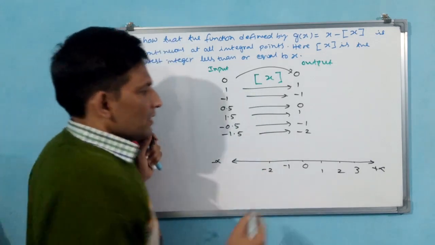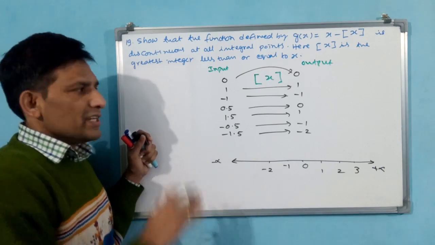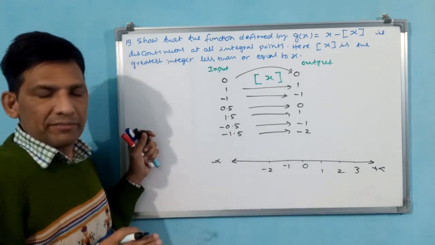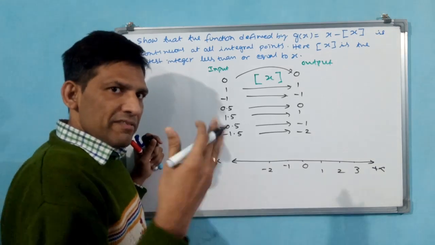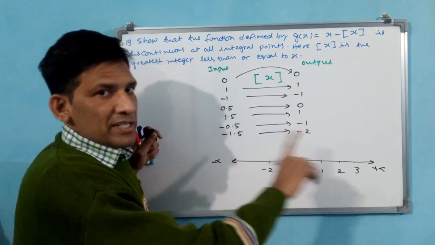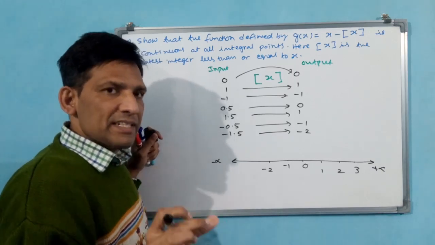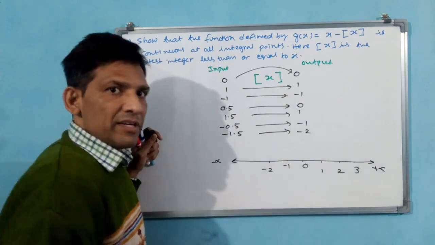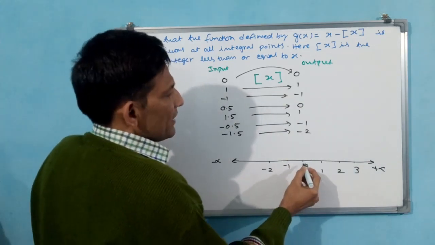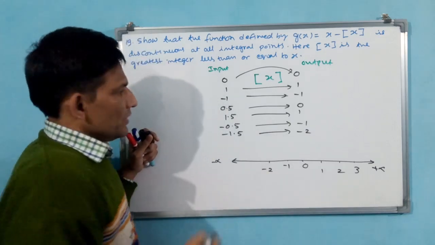You see, this function's specialty is that it gives output of only an integer. The fraction it will omit. If you give an integer, the integer will be the output. If you give a fraction, it takes the integer in that fraction and gives it as output. 0 you have given, 0 has come, because 0 is an integer.